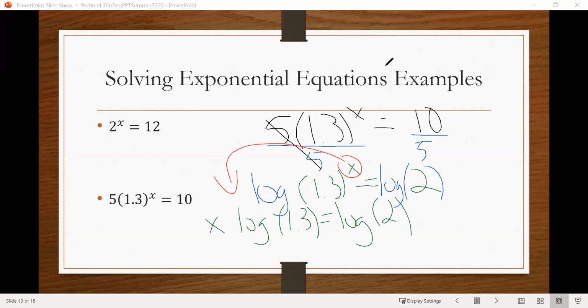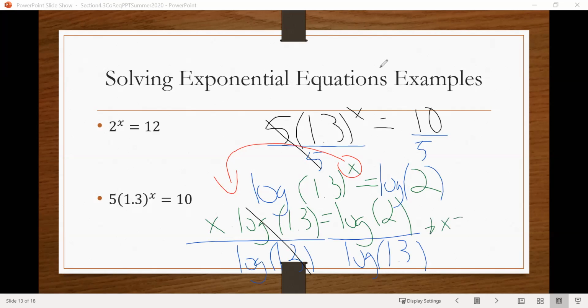We again now divide by log of 1.3 on both sides, again because we're isolating the x on the left. These will cancel, and we end up with x equals log of 2 divided by log of 1.3.